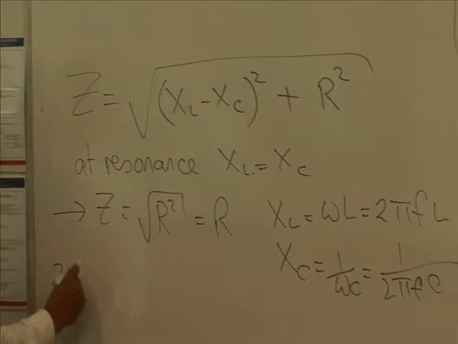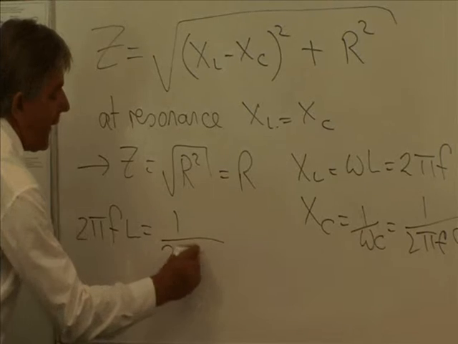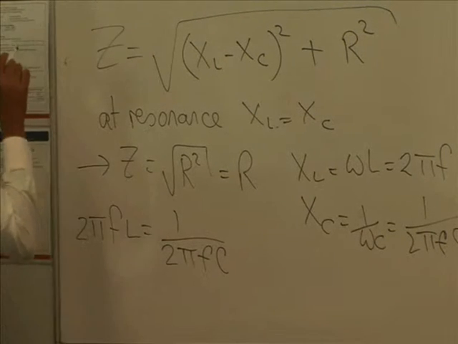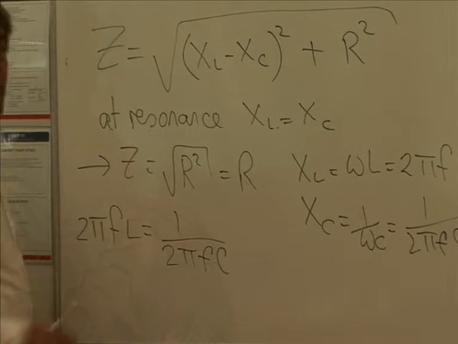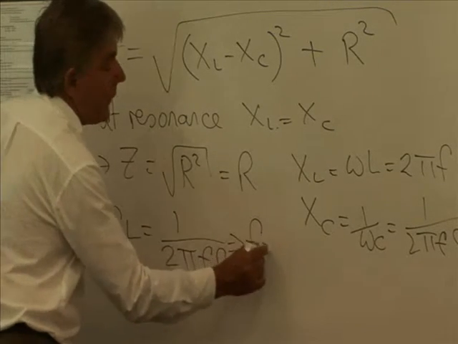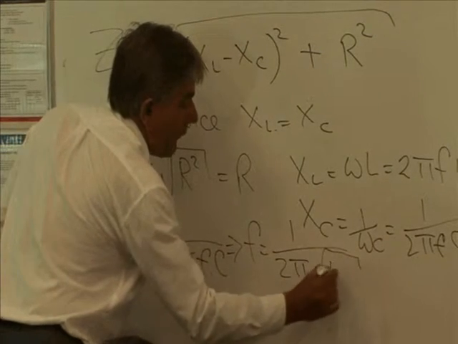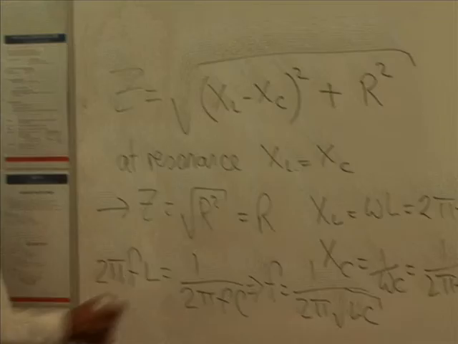So 2 pi F L equals 1 over 2 pi F C. And if you rearrange that, you will get that F equals 1 over 2 pi times the square root of LC. There's our result.